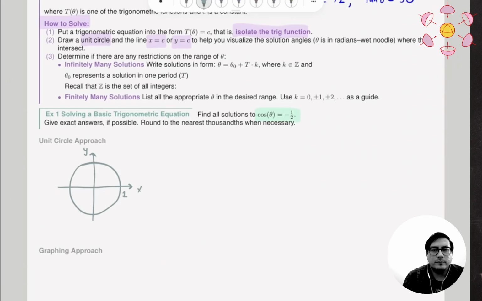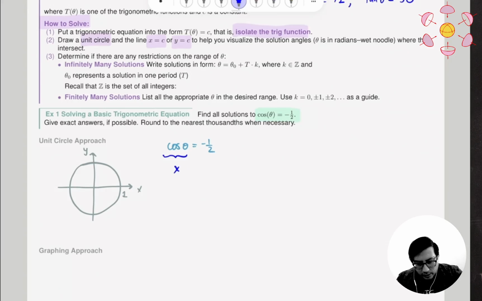Next it says draw the line x = c or y = c. What do I mean by that? Our equation is cosine theta equals -1/2. Remember the definition of cosine of theta: according to the wet noodle or the radian theta, it's the x-coordinate.